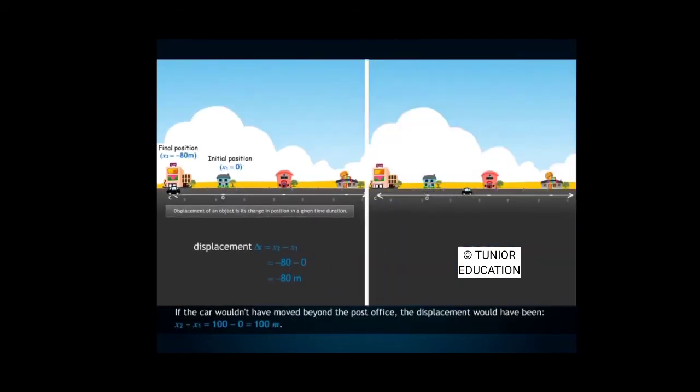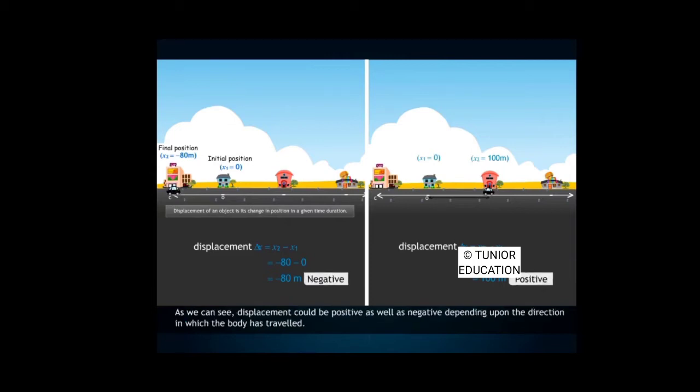If the car wouldn't have moved beyond the post office, the displacement would have been x2 minus x1 equals 100 minus 0 equals 100 meters. As we can see, displacements could be positive as well as negative, depending upon the direction in which the body has traveled. Hence, it has magnitude as well as direction, and hence is a vector.